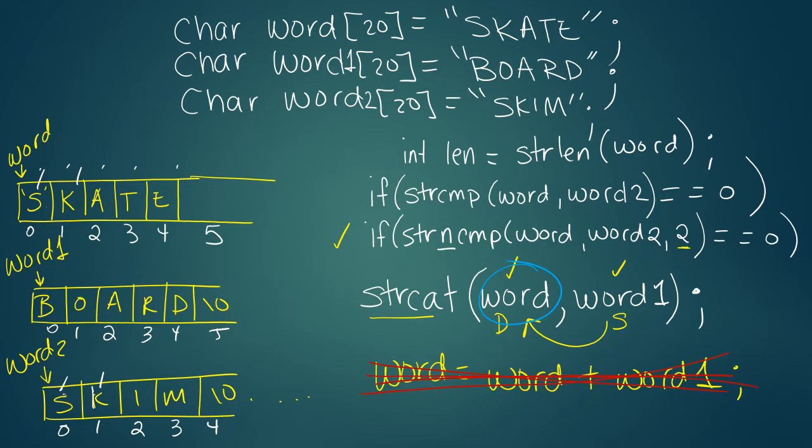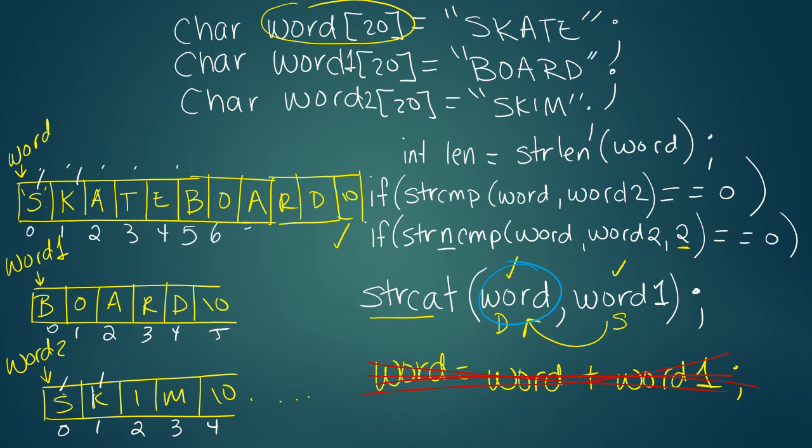So it's going to take, starting from the null character, and put B, O, A, R, D, null character. So of course you have to make sure that your word is large enough for all of those letters. And this would be 5, 6, 7, 8, 9, 10.